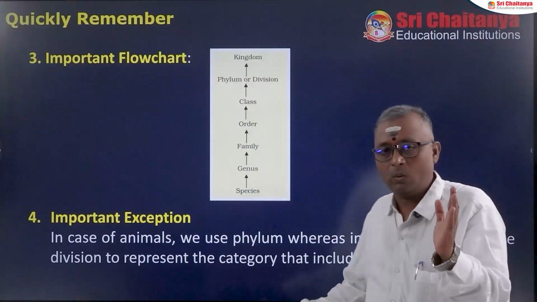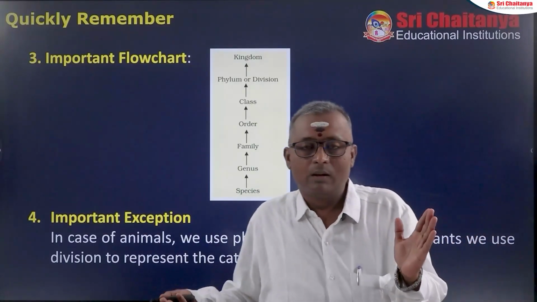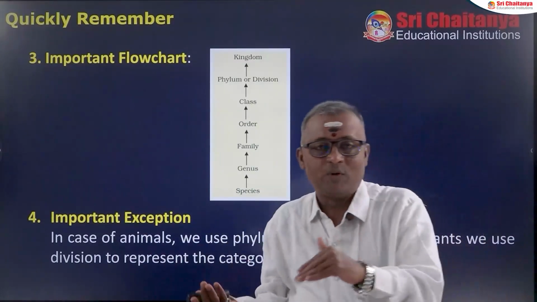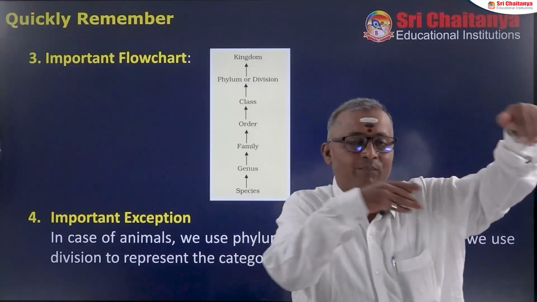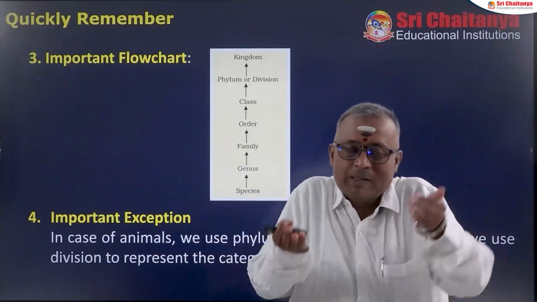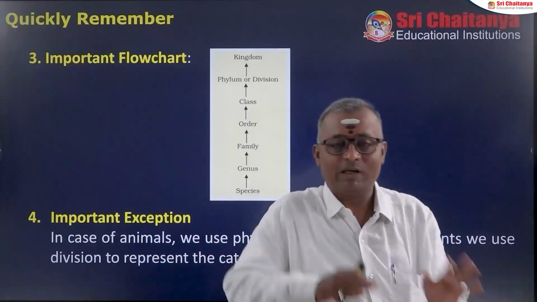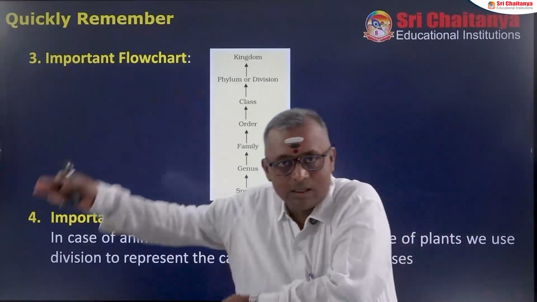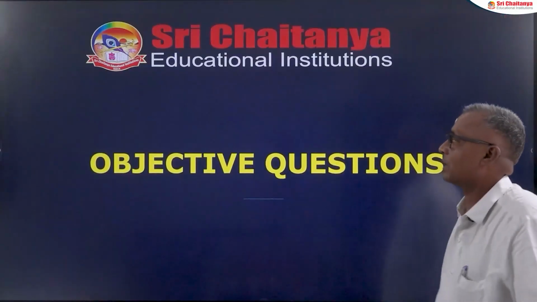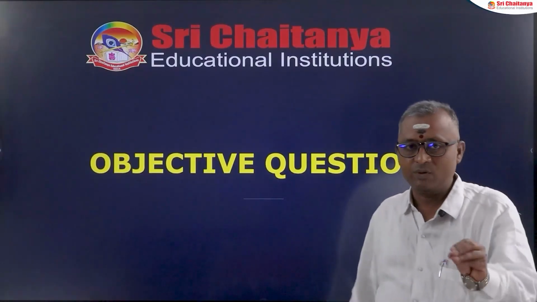While including organisms under animals, animal orders were placed under a phylum, whereas plant orders were placed under a division. This you have to remember. So, these are the few important things.